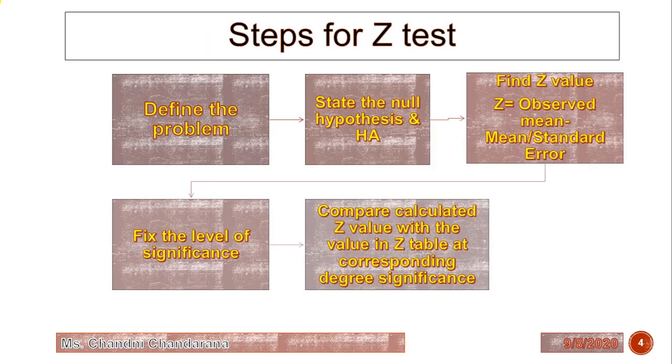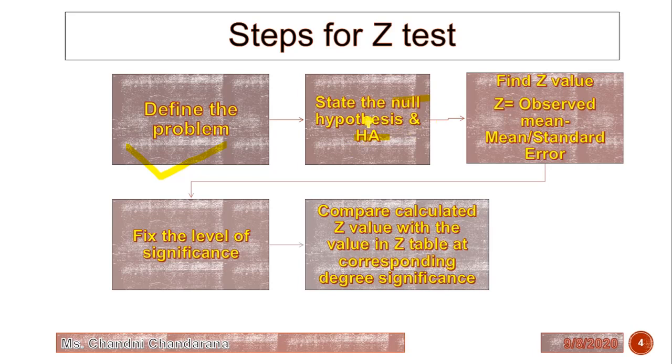Now these are the steps of the Z-test, meaning how we can perform it. First, we have to define the research problem. After getting the problem, we should state the null hypothesis and the alternative hypothesis.